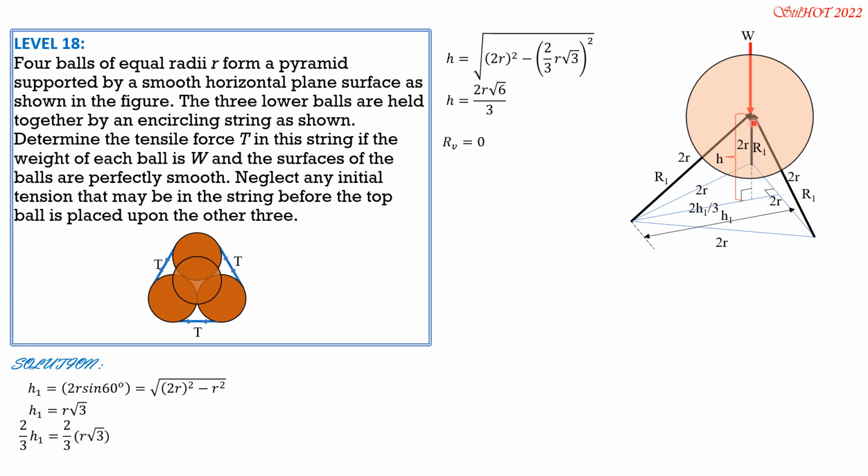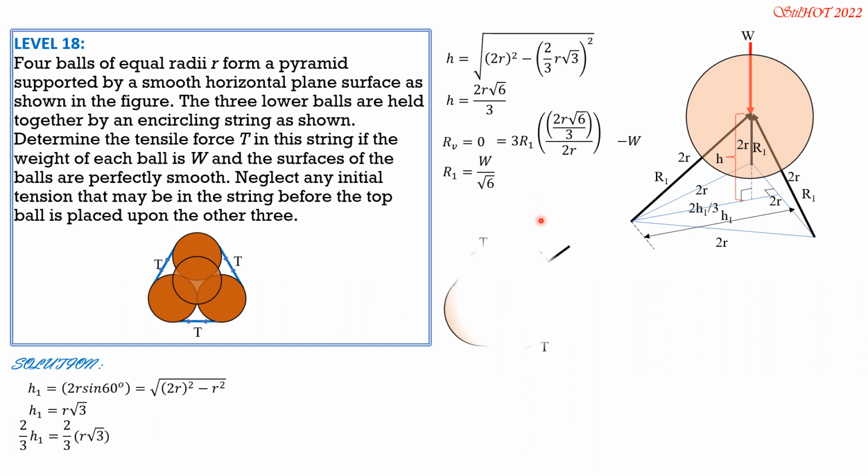That is, R1 times the vertical component of distance divided by the distance, which is 2r. So 3 R1 times 2r square root of 6 over 3 over 2r, minus W. Cancel 2r, cancel 3. So this is R1 square root of 6 minus W equals 0, or R1 is W over square root of 6.